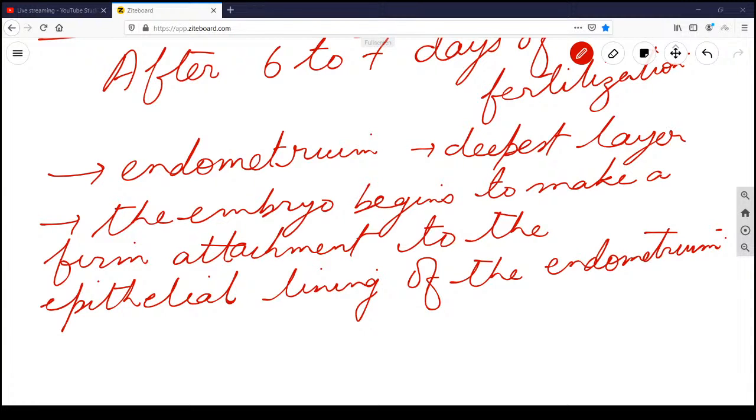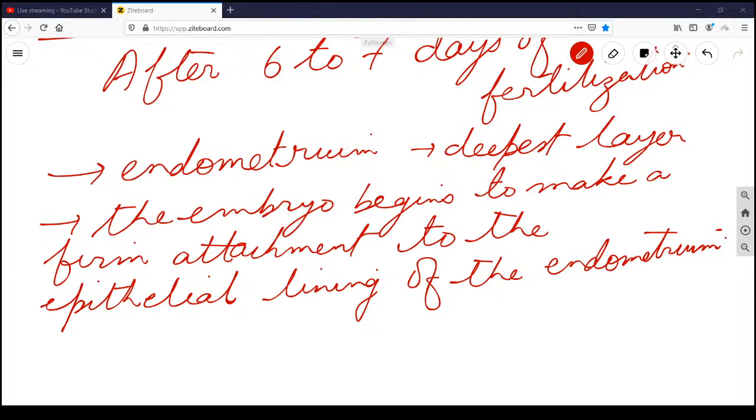Soon thereafter it sinks into the endometrial stroma. Now stroma is the connective tissue cells, just like we saw during the development of the tertiary follicle or the Graafian follicle that I had explained to you about, where the stromal cells of the ovary differentiate to become theca interna and theca externa, which are demarcated from the follicular cells or granulosa cells by the basement membrane known as the membrana granulosa, right?